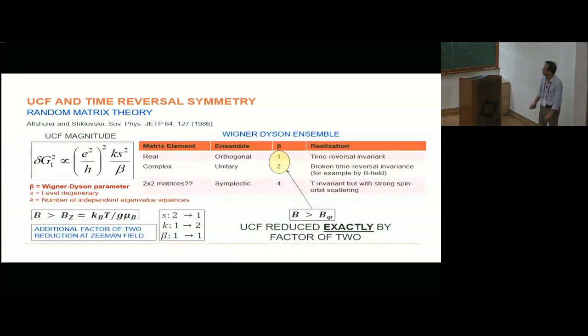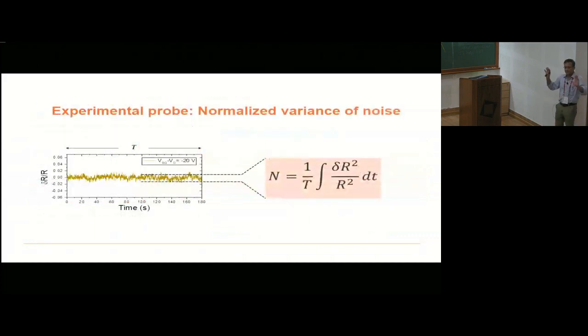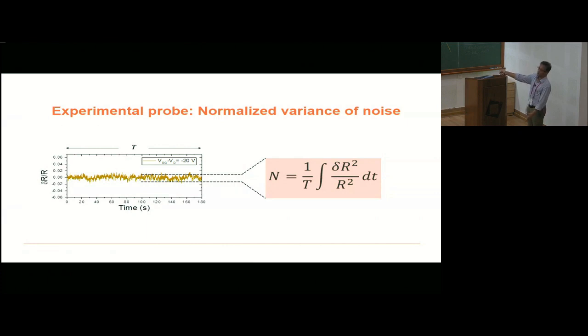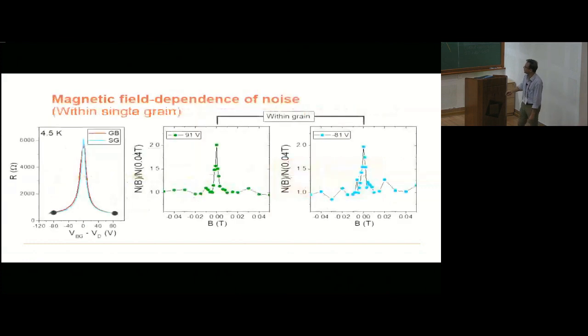Okay, the experimental probe for us is nothing but the noise, and I calculate the variance of noise from simple experimental data like this. I take an experiment, I integrate over the time taken over the entire experiment, and compute this term n as a function of magnetic field. If I do so, it turns out to be something like this.